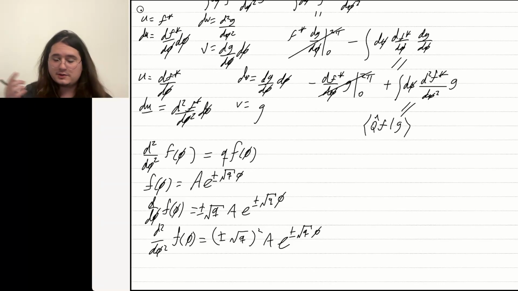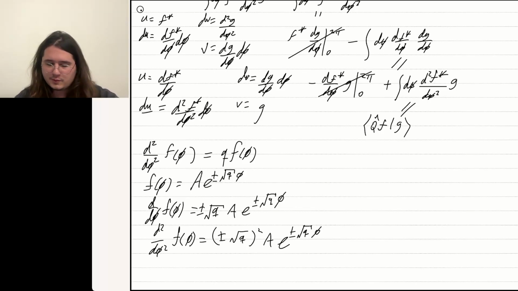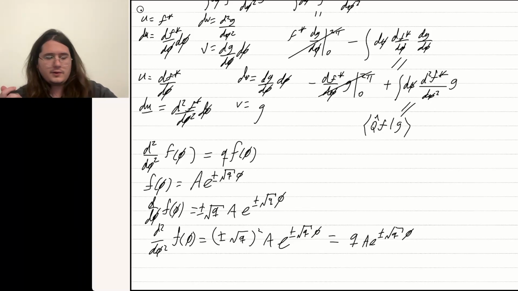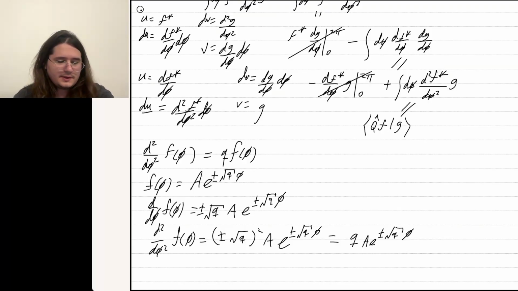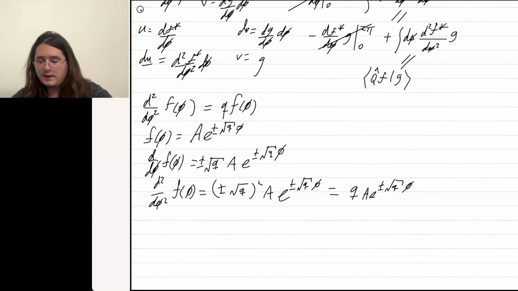Of course, the square of the square root is just the thing inside the argument, and the square of either plus 1 or minus 1 is equal to 1. So this becomes q a e to the plus or minus square root q phi. So it satisfies the eigenvalue eigenfunction equation. The eigenvalues are just whatever constant you happen to put inside the square root. So the eigenfunction is this, and the eigenvalue is what's in the square root.